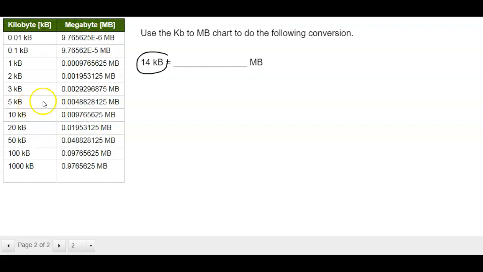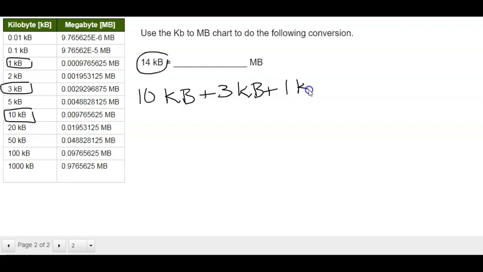Now when using the chart, that number might not be on there. There is no 14 kilobytes. But if we took 10 kilobytes plus 3 kilobytes plus 1 kilobyte and add them all together, that gives us 14 kilobytes. So we have 10 plus 3 plus 1. Now we use the chart to write the megabytes version.